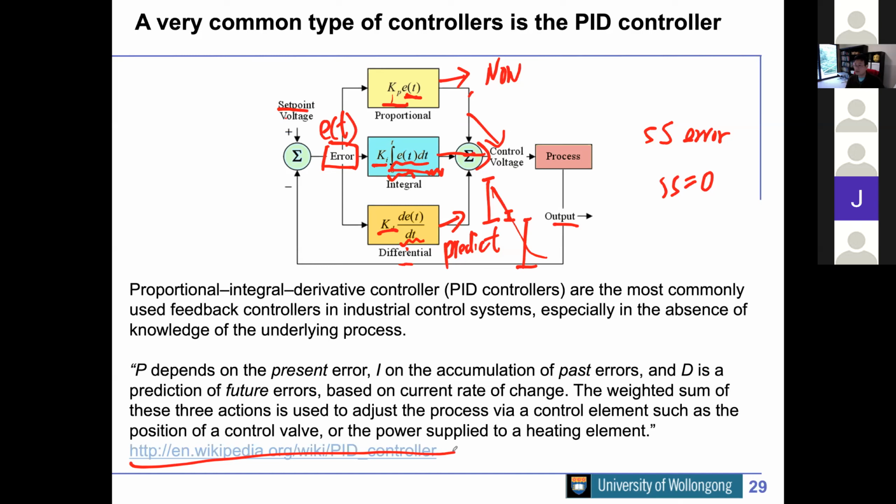KI is doing it based on the history, so KI is holding a grudge for a very, very long time, or forever. And KD is trying to predict the future. So with all these three, you have a very strong team working together to provide a very good control output.